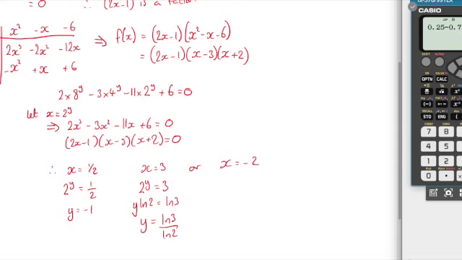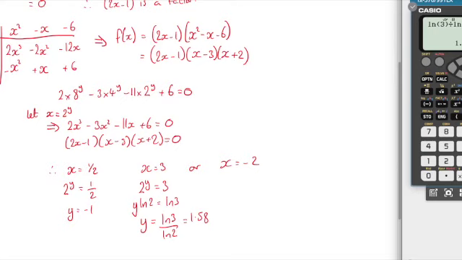So y is ln3 divided by ln2, slightly fewer button presses. So y is 1.58. It doesn't say exact solution, so I've got that.